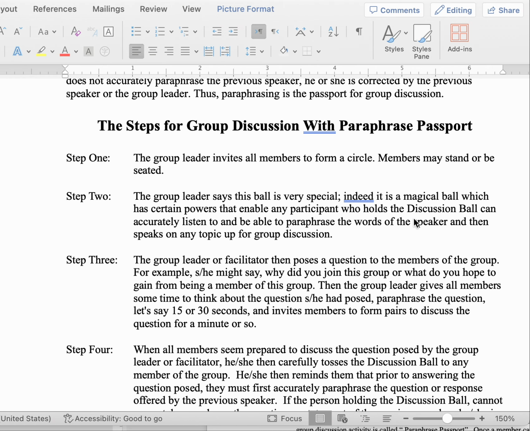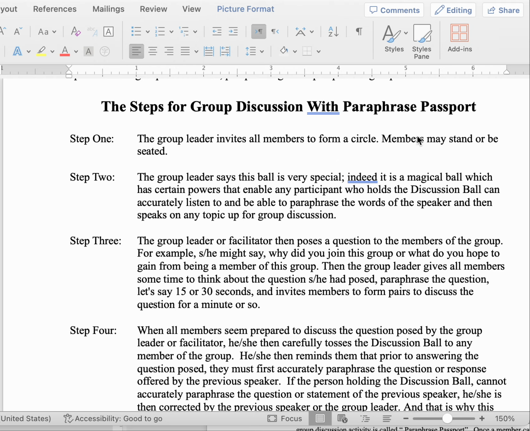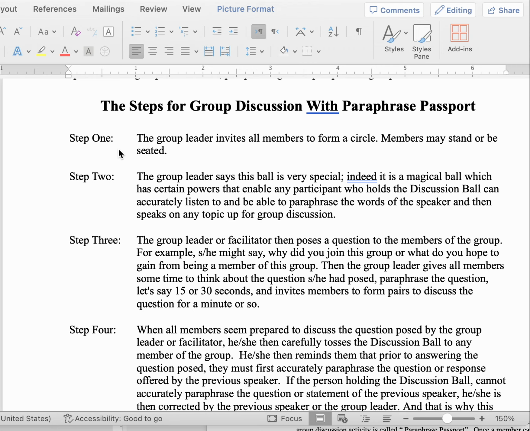So let's now find out the 4 steps involved in group discussion with Paraphrase Passport. Step number 1, the group leader invites all members to form a circle. Members may stand or they can be seated. In step 2, the group leader says, this ball is a very special kind of ball.